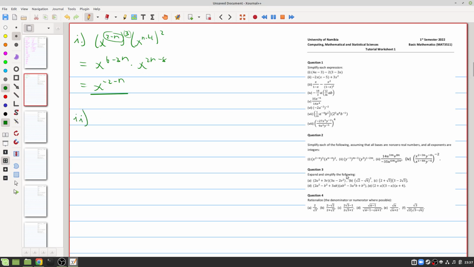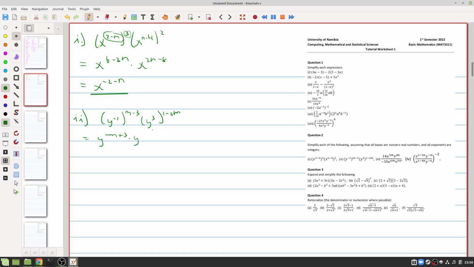Second question for question 2. We've got here y to the power negative 1 raised to the power m minus 3. Then we've got y to the power 3 raised to the power 1 minus 2m, sorry, I'm lying to you. 1 minus 2m. Alright, same idea. So we've got y, multiply the exponents. So negative 1 times m minus 3 gives us negative m plus 3.